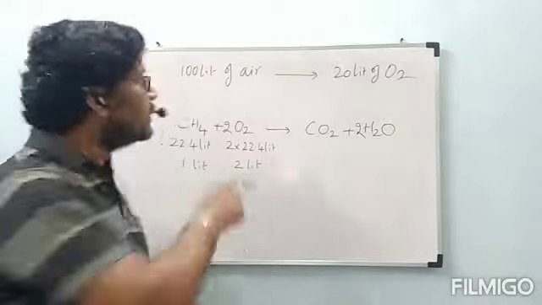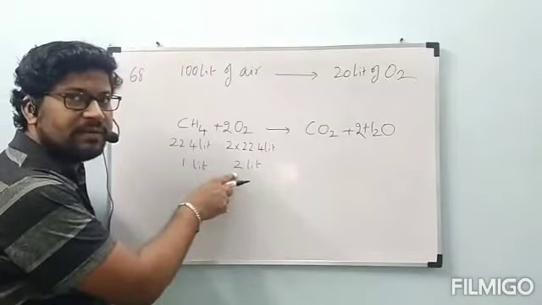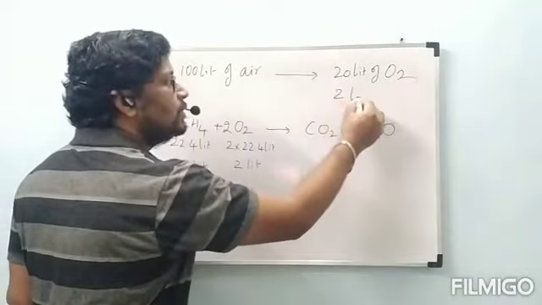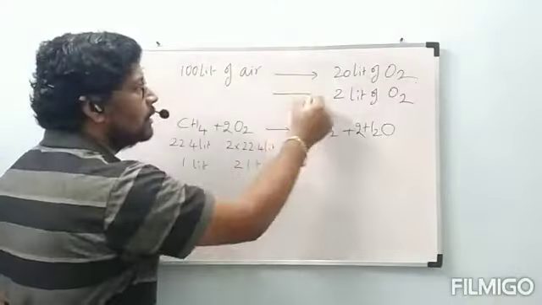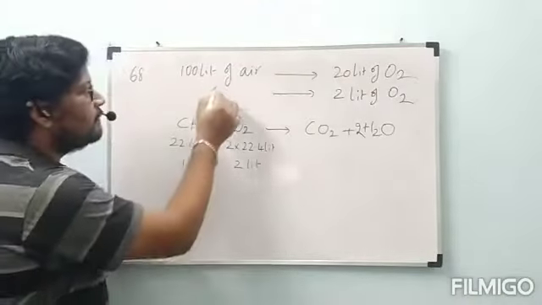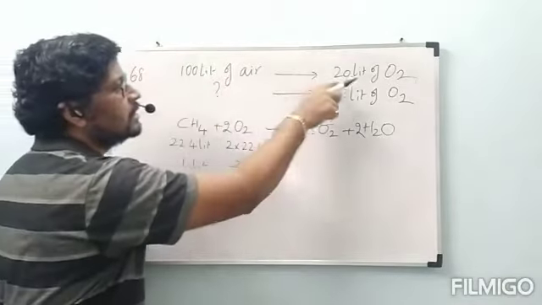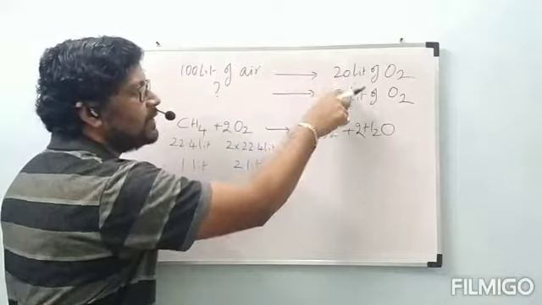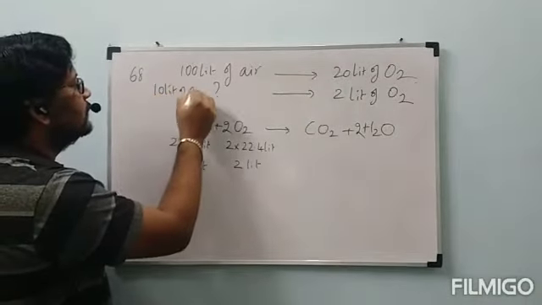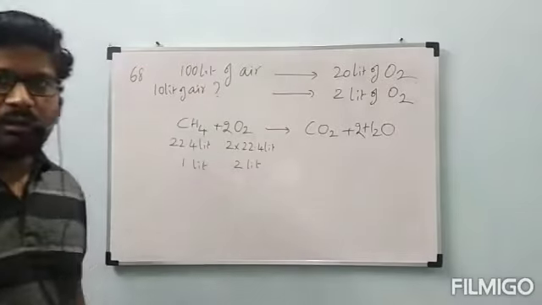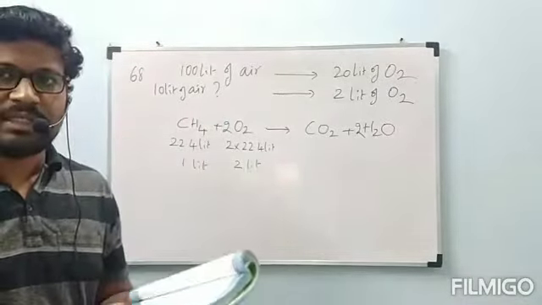Here 2 liters of oxygen will be required with how much air? 100 liters, 20, 2 liters divided by 10. Then this is 10 liters of air. What is the answer? 10 liters of air. Answer is 10 liters, option 3, 68th one.